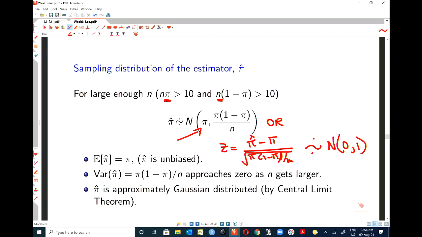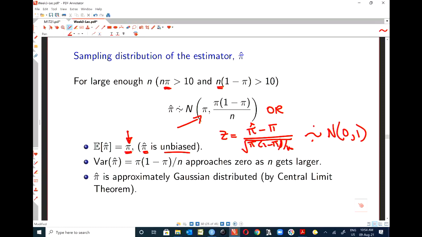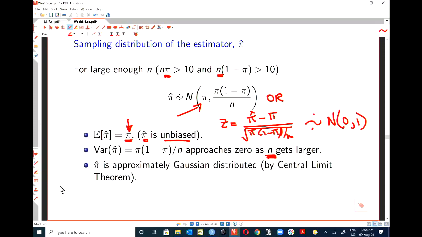Now, as we said earlier, the mean of my pi hat is equal to pi, and this is the thing I'm trying to estimate. That's why we say that pi hat is unbiased for estimating pi. On average, it's the same value. The variance becomes smaller and smaller as my sample size gets larger, and the distribution is approximately normal because of my central limit theorem.